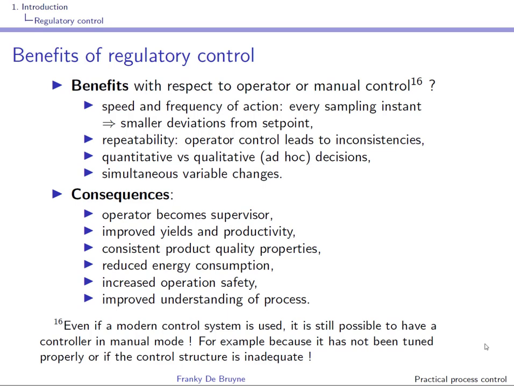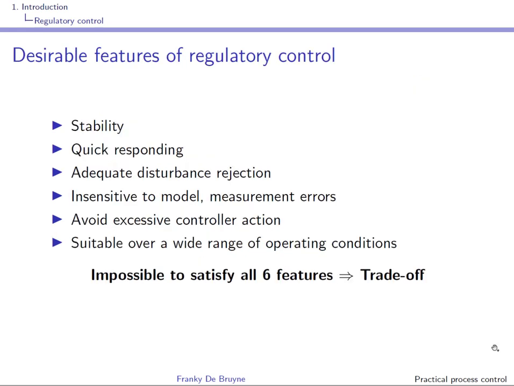For example, a control that is not tuned properly, a control structure that is not adequate. And what happens is that the operator does not have confidence in the control action and takes the controller to manual mode.